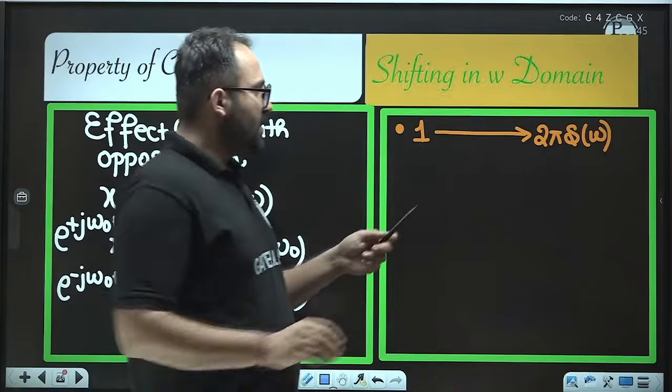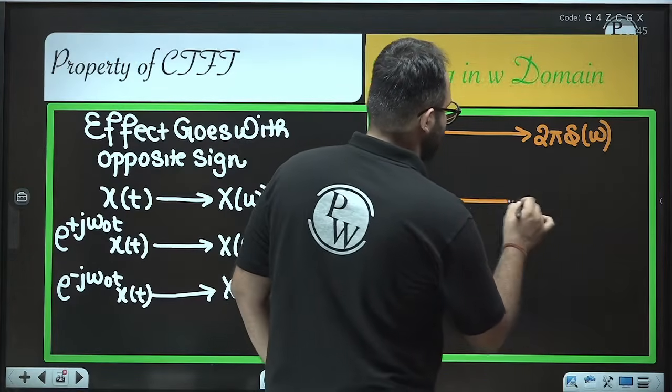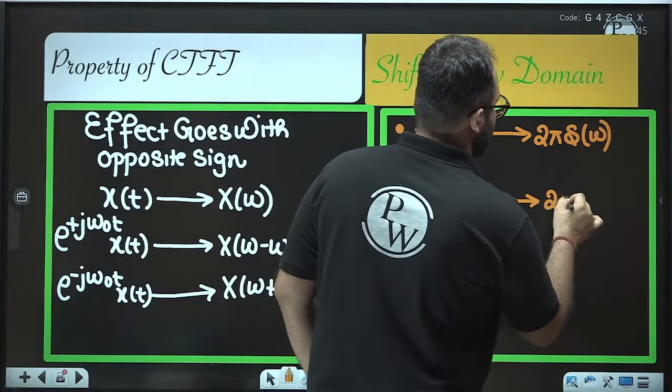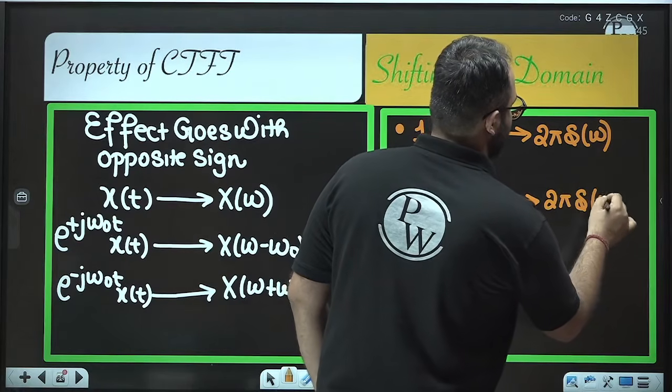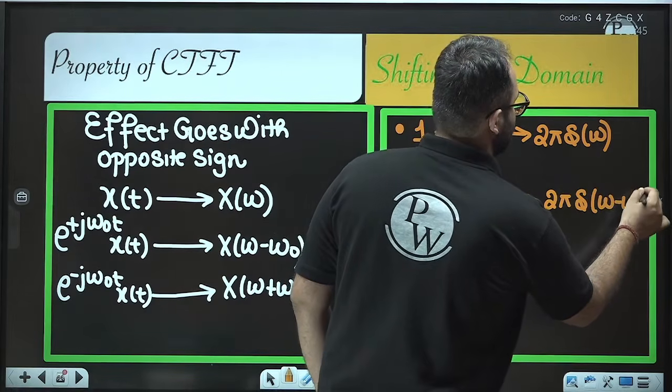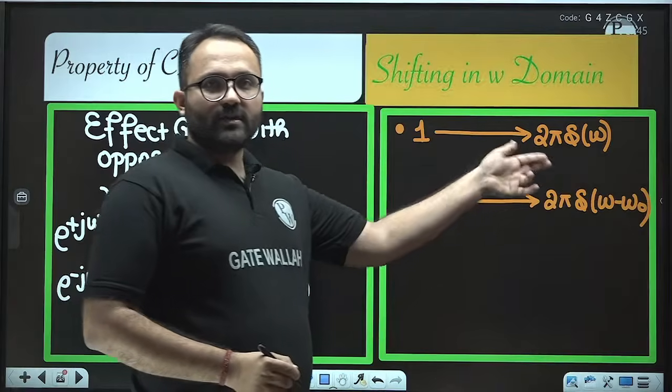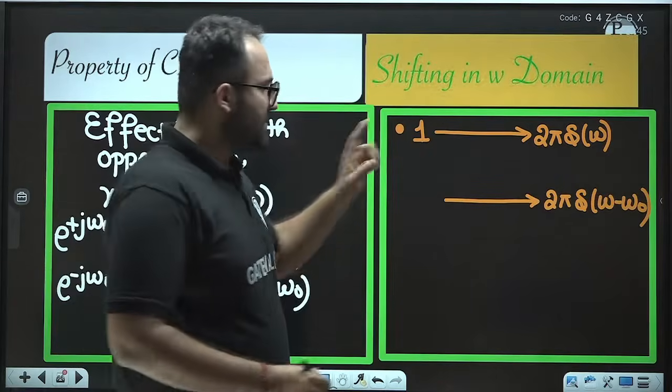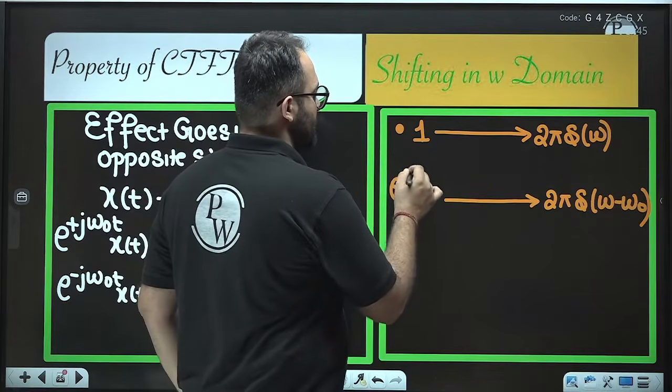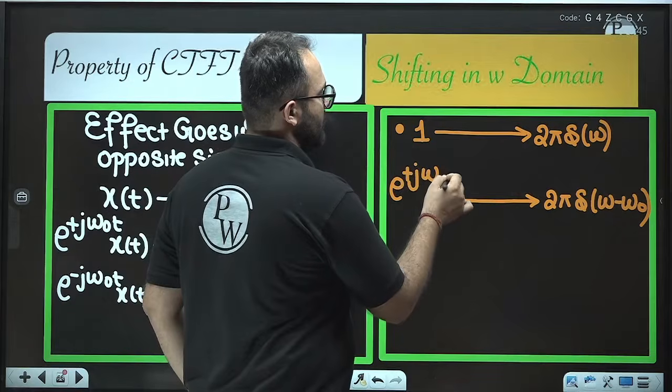So if we do the shifting in the omega domain, that is 2 pi del of omega minus omega naught, the effect will go with the opposite sign. Here we'll get e to the power j omega naught t.